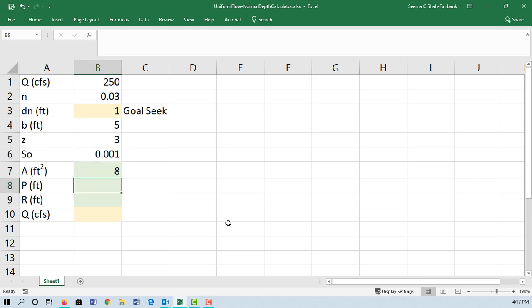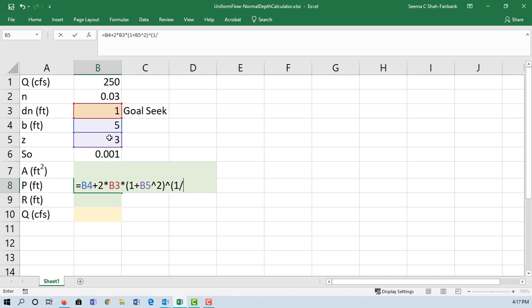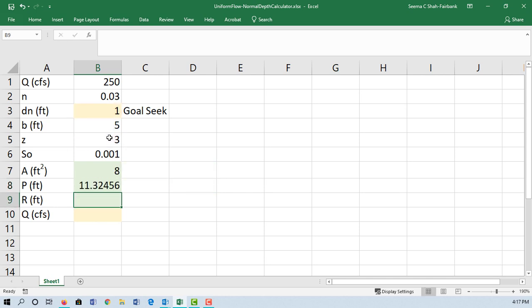Now let's calculate our wetted perimeter. Our wetted perimeter is our base width plus 2 times our depth times the quantity of 1 plus Z squared raised to the 1/2 power, or square rooted. Our hydraulic radius is our area divided by our wetted perimeter.